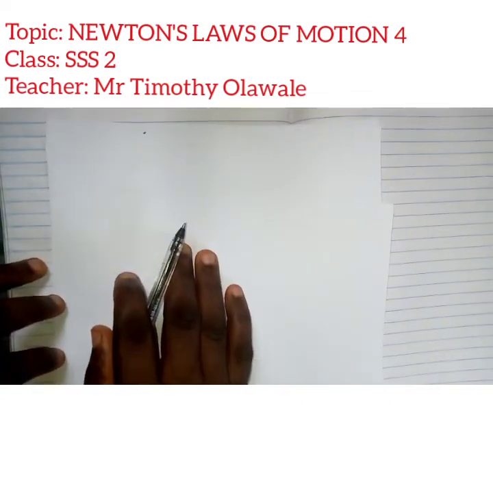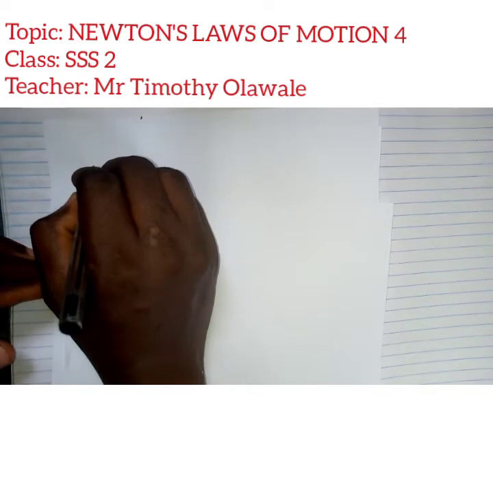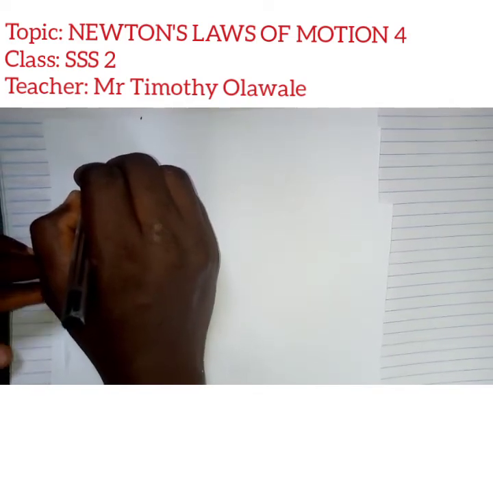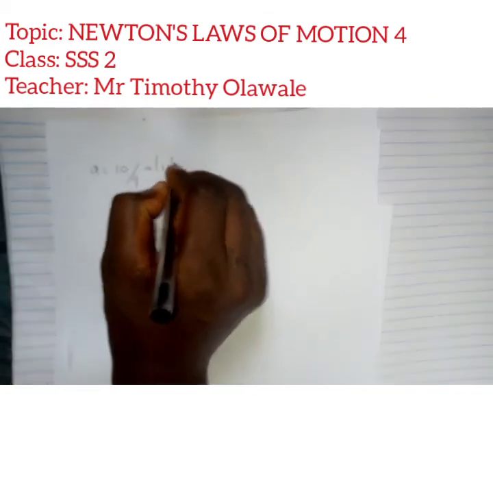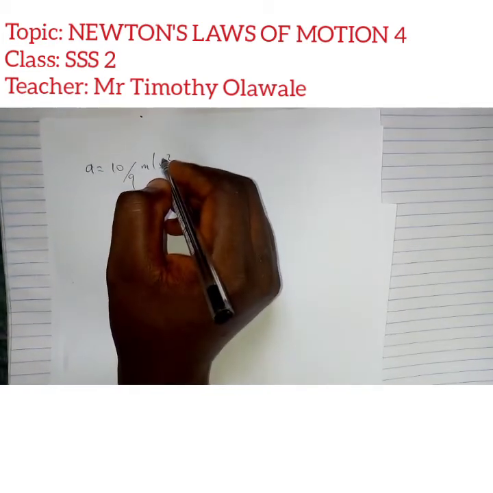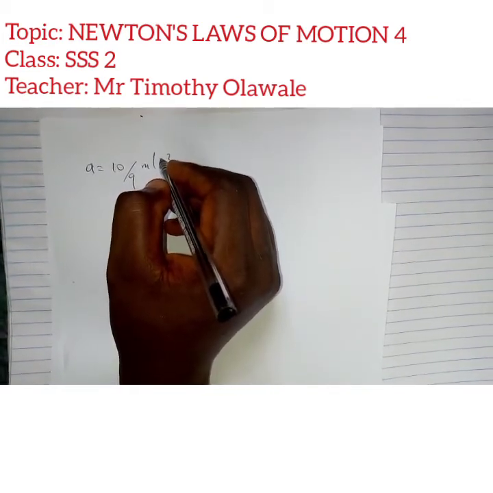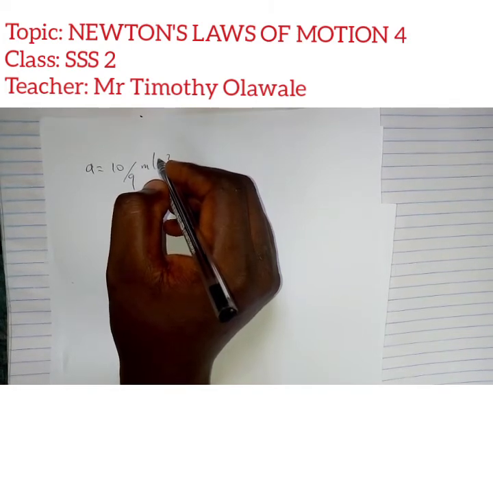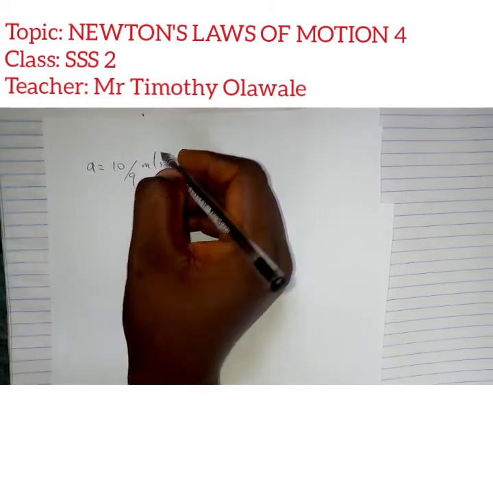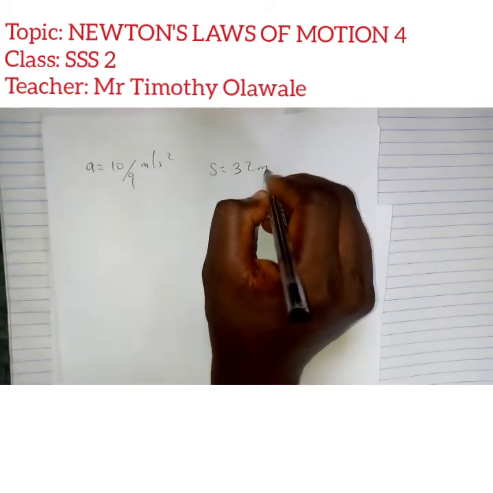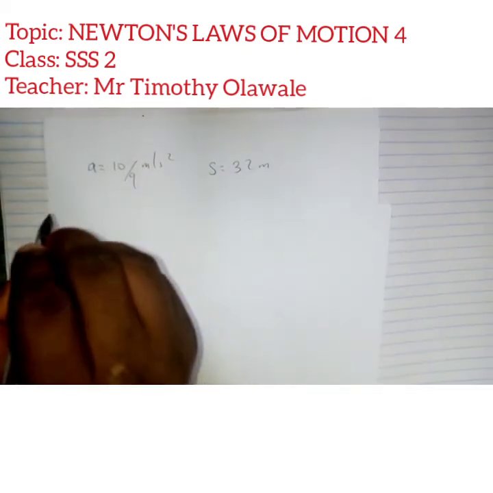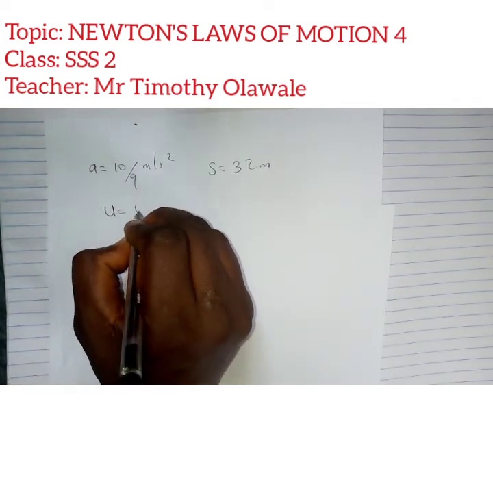For the 15 kilogram mass, the acceleration is 10 over 9 meters per second squared. Remember the question says the system is released from rest when the 15 kilogram mass is 32 meters above the floor. So the distance covered to the floor is 32 meters. Are you with me? Released from rest means initial velocity is 0.